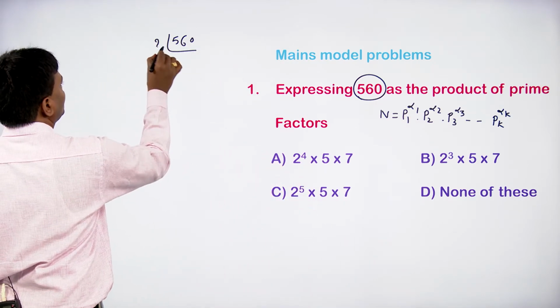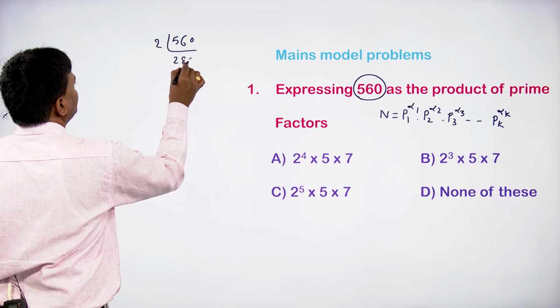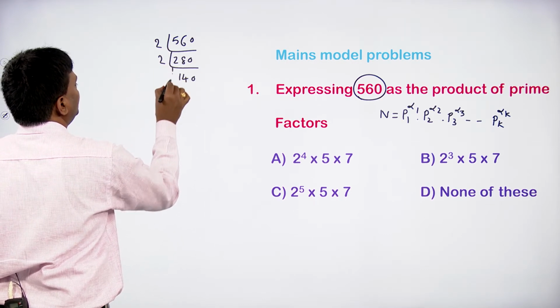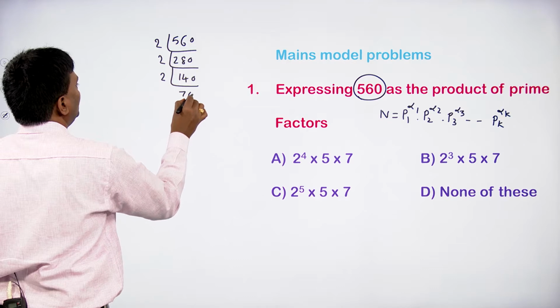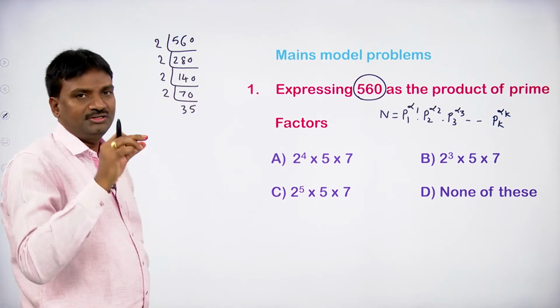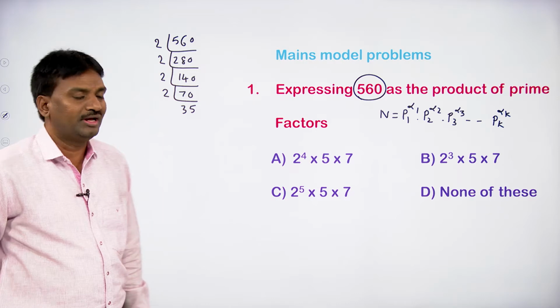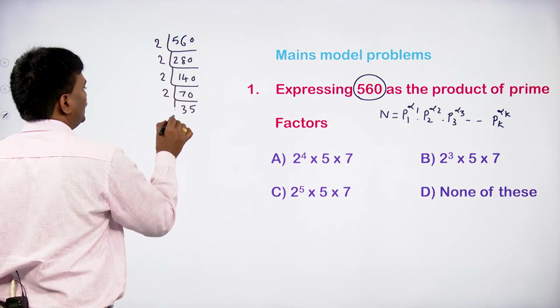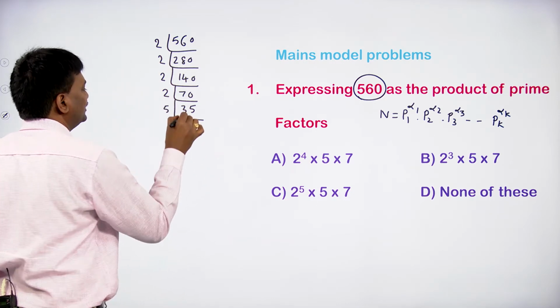Taking 2: 2 times 280 is 560, 2 times 140 is 280, 2 times 70 is 140, next 2 times 35 is 70. Next, 2 is not a factor of 35, 3 is also not a factor of 35, so let us take 5 into 7.